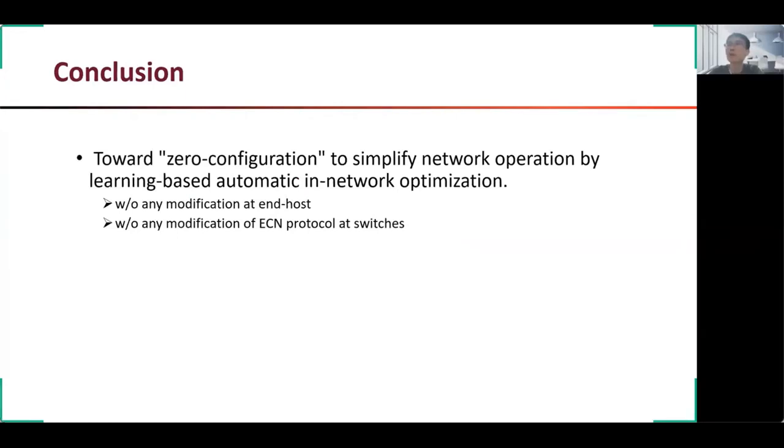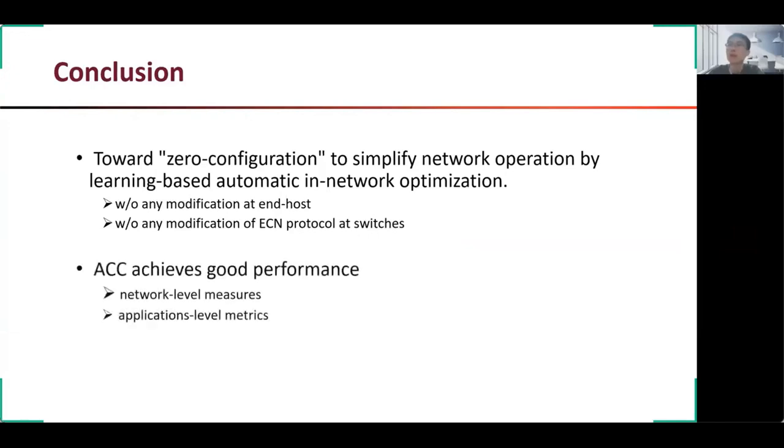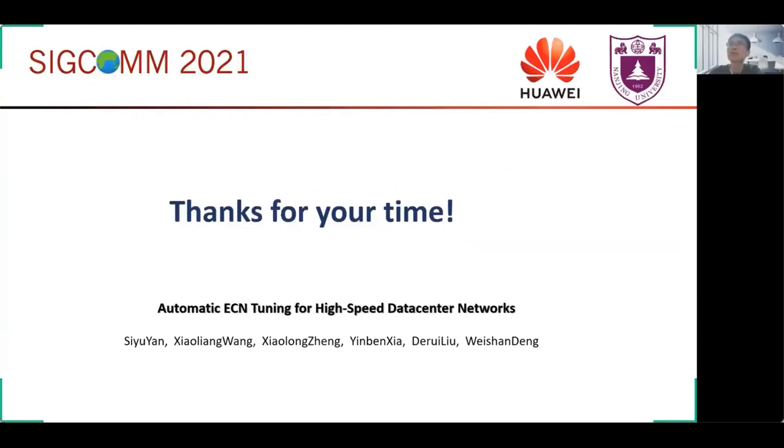ACC has been quickly deployed in the production data center to support storage and computing services. ACC also achieved good performance on both network level measures and application level metrics. That's all. Thank you.